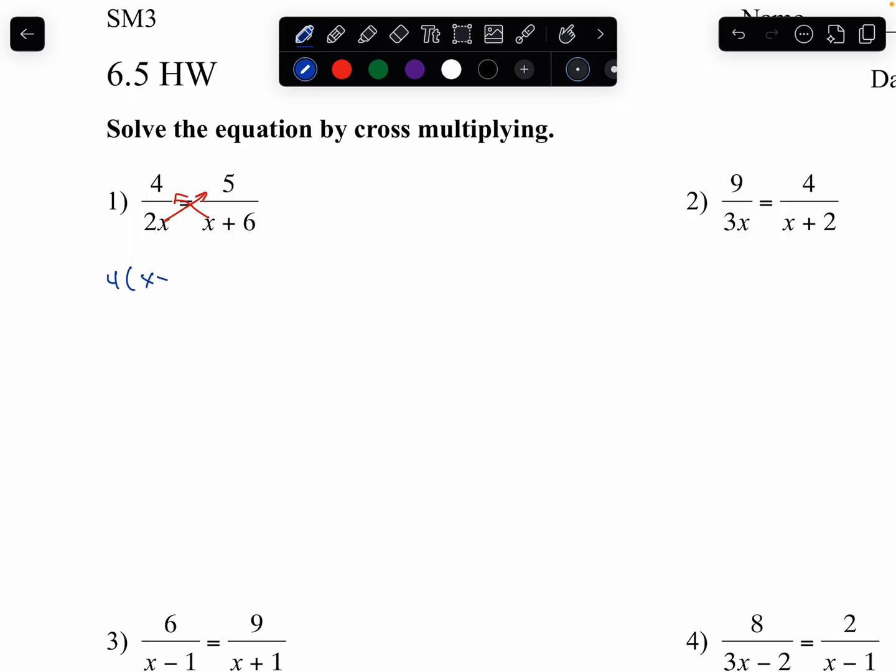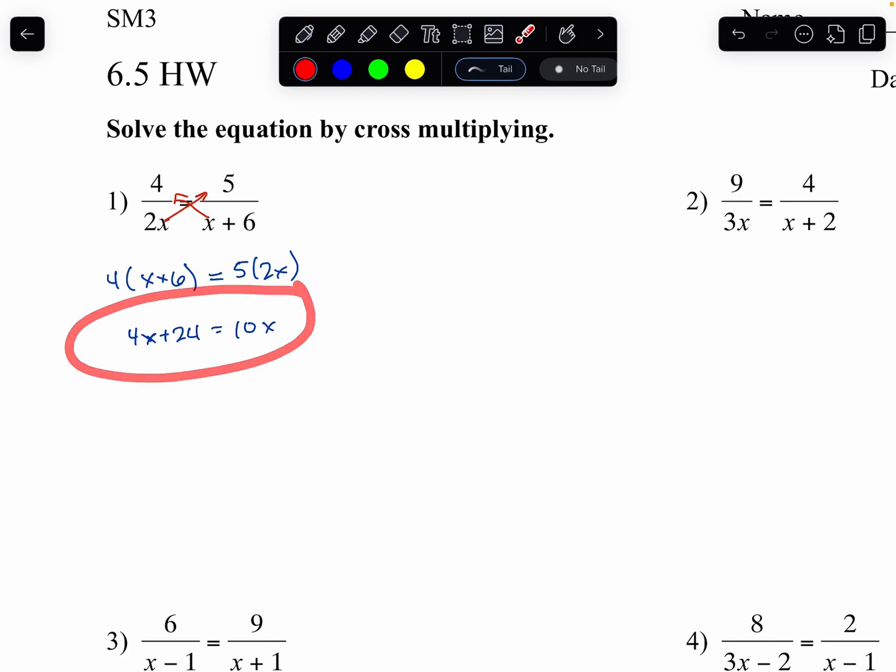So 4 times x plus 6, and you still need the equal sign, equals 5 times 2x. I can distribute the 4 here, and I get 4x plus 24 equal to 10x. Now I have a linear equation, which means I can just solve for x.